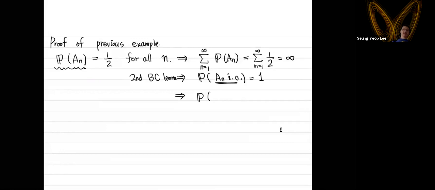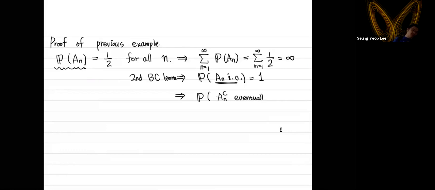The complement of this event is that eventually it's all the time not in A_n. Either A_n infinitely often, or not A_n eventually. So not A_n means A_n complement eventually.